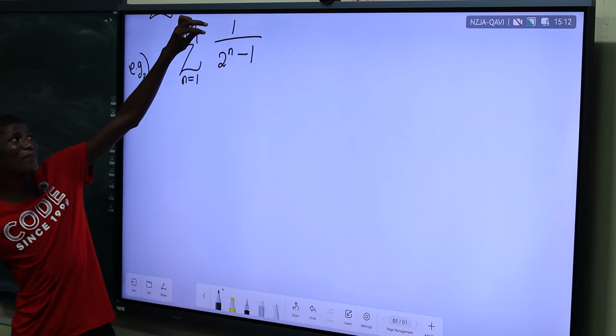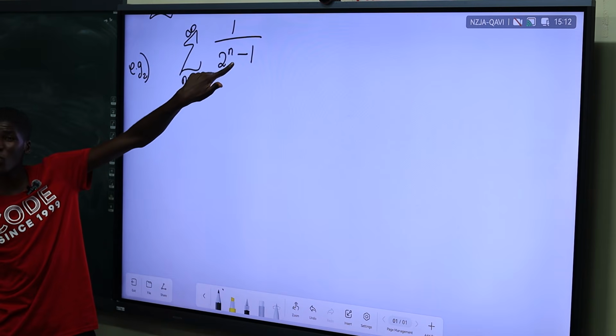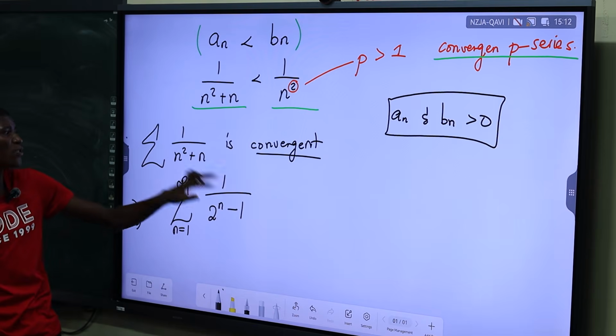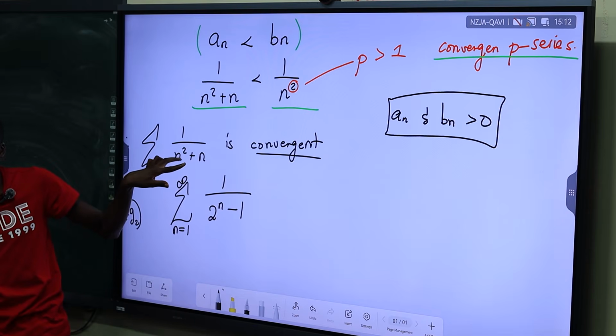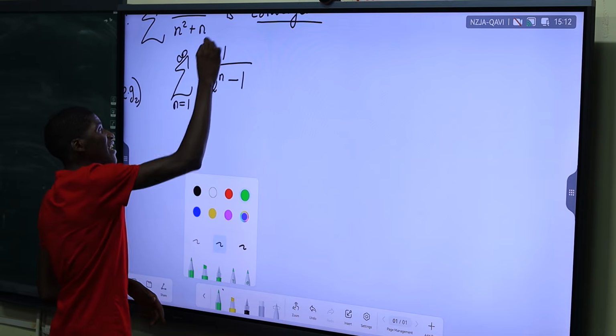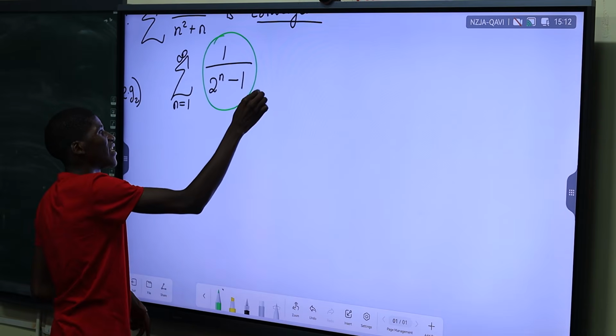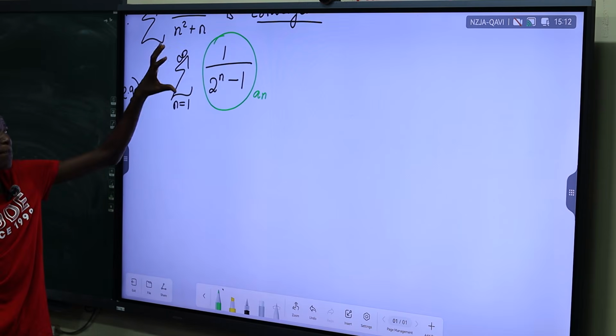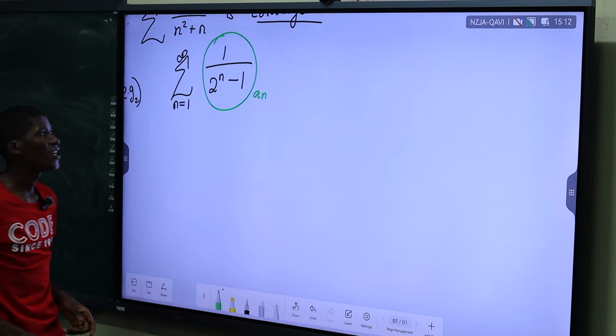You have one numerator and two denominators. Always that's the case. One numerator, two denominators. What you do is say that this is your AN, the original sequence, the original pattern of this series.